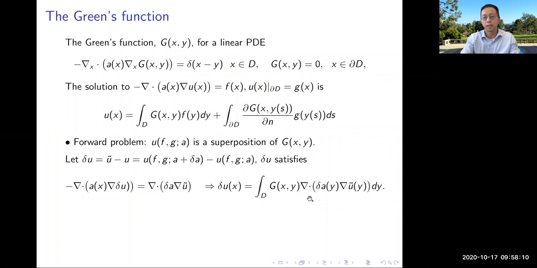So basically your perturbation, okay, is propagated or reflected in the perturbation of this delta U by the Green's function, okay? So if your Green's function is not rich, which means a lot of perturbation will be compressed by this convolution. Okay, which means what you observe is a compressed version of what's the true perturbation here.